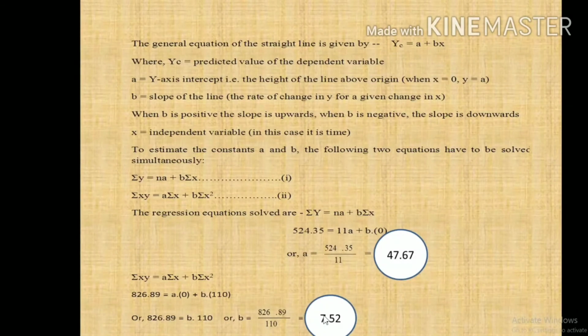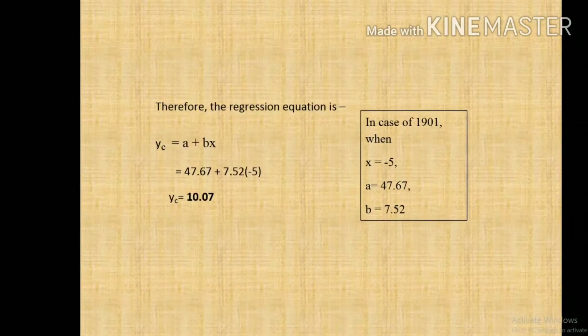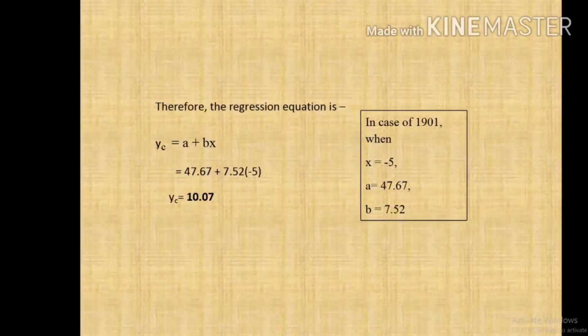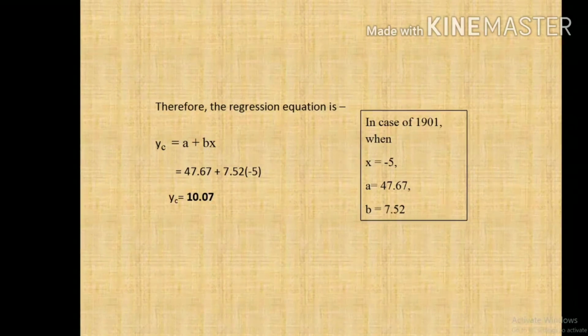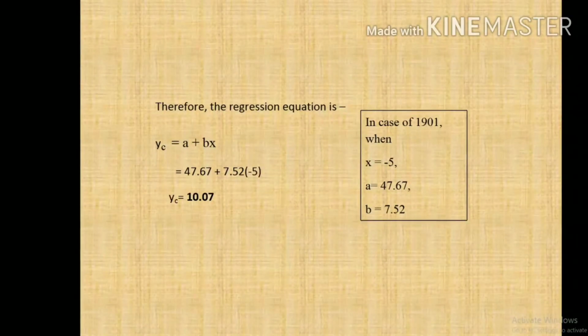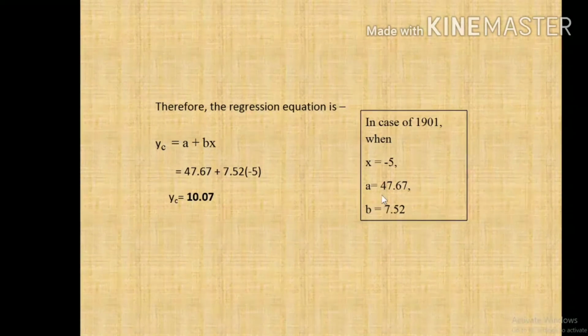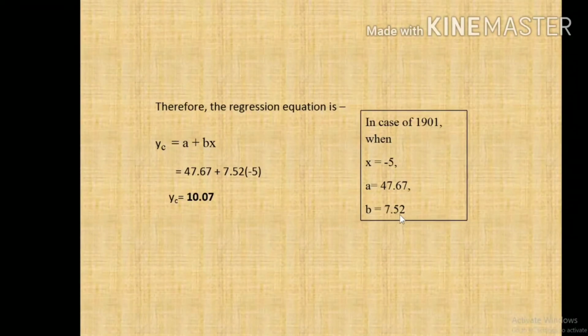Using the values of a and b in the equation yc equals a plus bx, we get the predicted value of the dependent variable. For example, in case of 1901, when x equals minus 5, a equals 47.67, b equals 7.52. Applying these values in this regression equation, you get a plus bx, that is 47.67 plus b, that is 7.52, and the value of x, in this case minus 5.